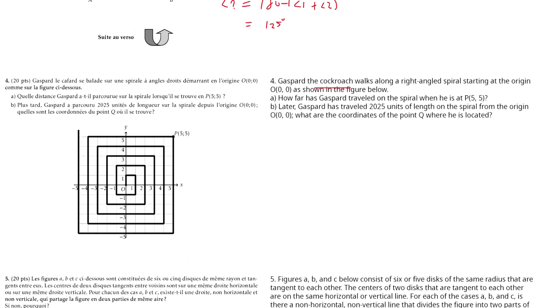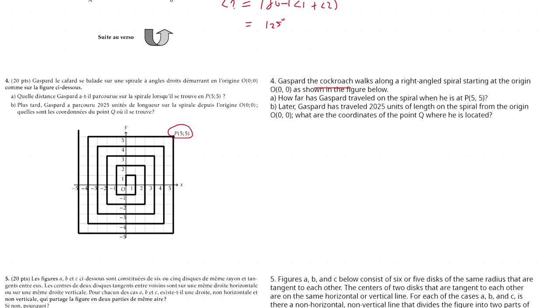The first question is how far it should travel till it reaches the point P, the top right corner (5, 5). The second question is that if it traveled 2025 units, where would be the location it reached at the end?